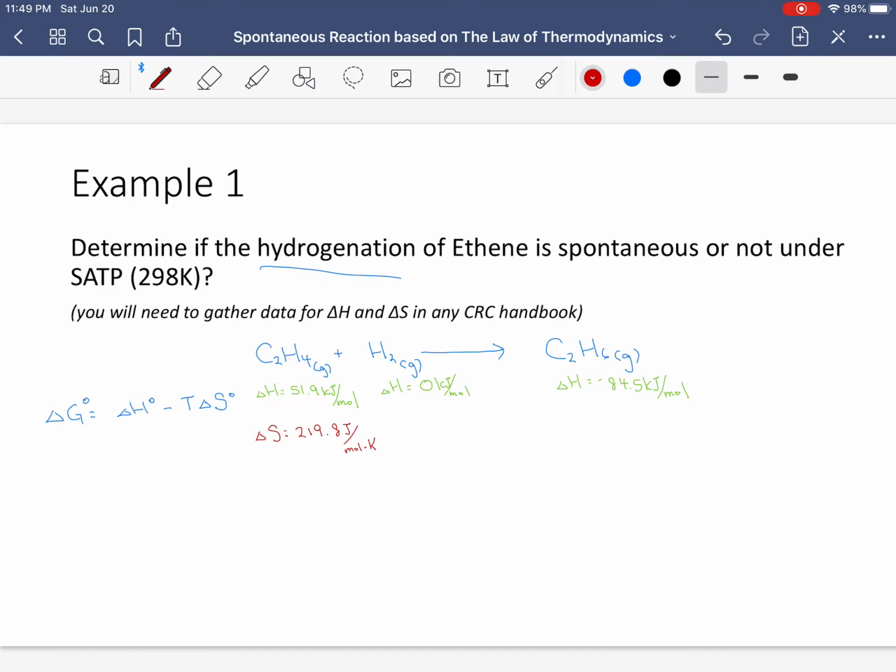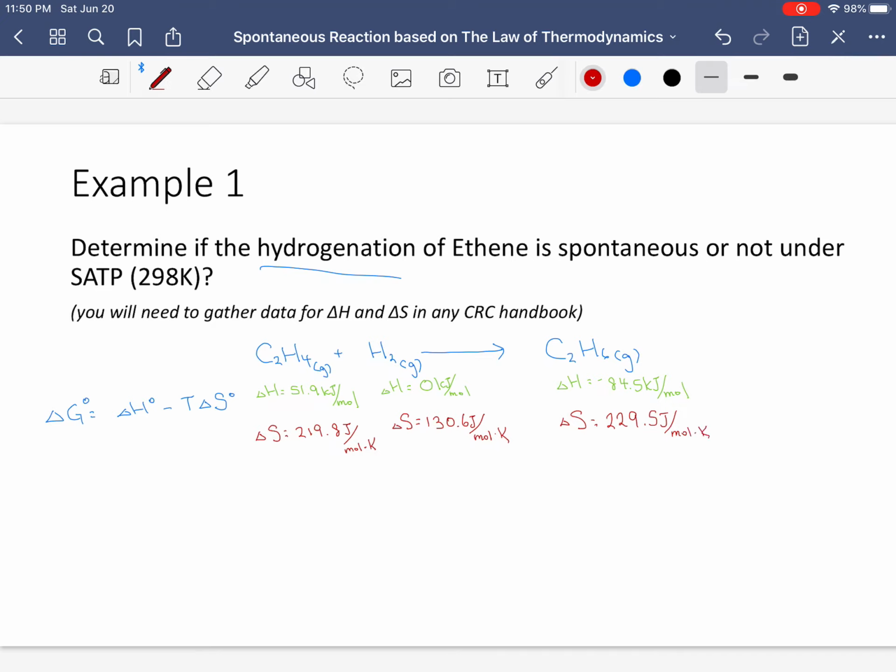For hydrogen, it's not zero for delta S. In terms of randomness, hydrogen actually has a value, and that's 130.6 joules per mole Kelvin. And for C2H6, delta S is 229.5 joules per mole Kelvin.